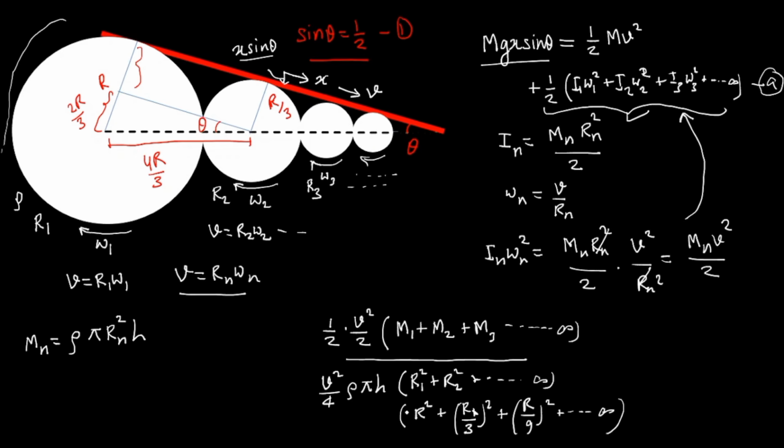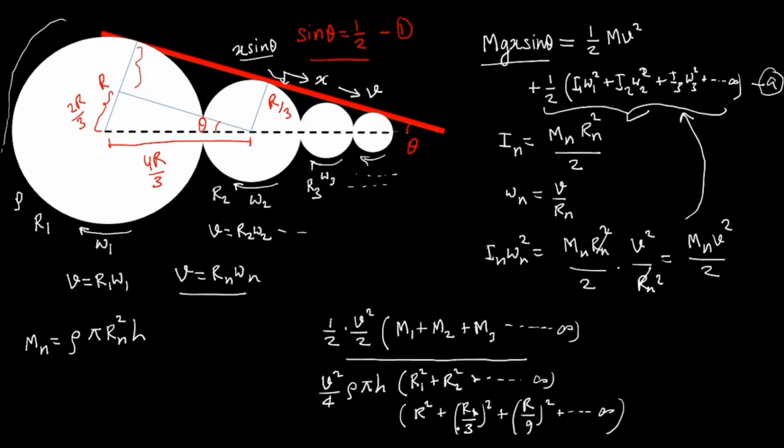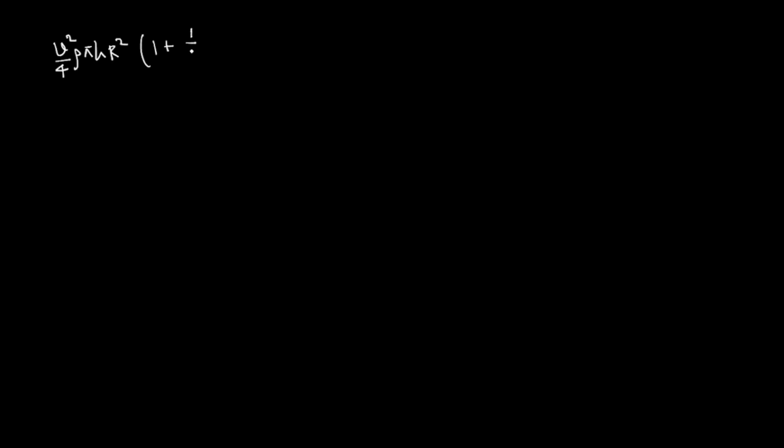Now what you can do, you take R square common outside, so you get V square upon 4 rho pi H R square times 1 plus 1 upon 3 square plus 1 upon 9 square plus 1 upon 27 square and so on up to infinity.